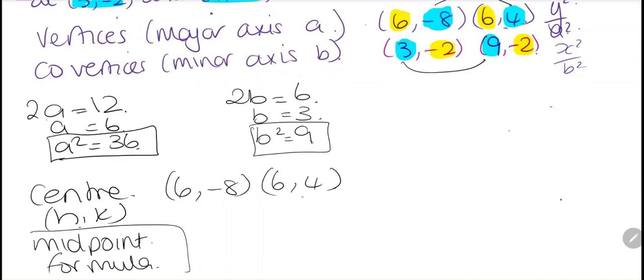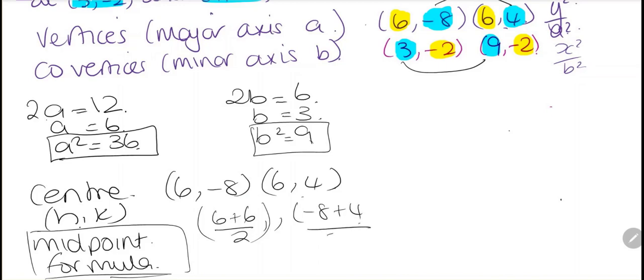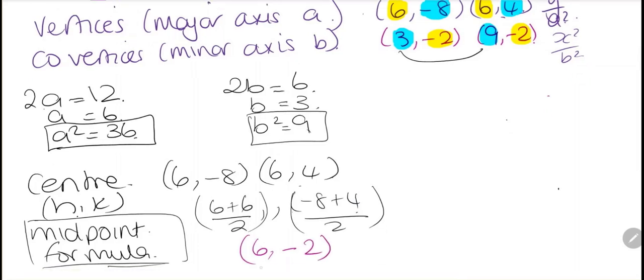So 6 plus 6 divided by 2 for our x coordinate, and then -8 plus 4 divided by 2 for our y coordinate. So 12 divided by 2 is 6, and -4 divided by 2 is -2. So our center is going to be at (6, -2).